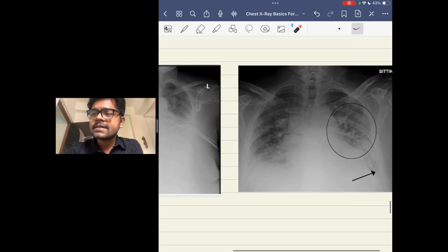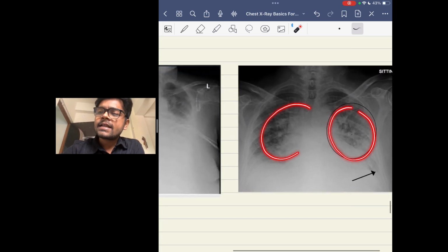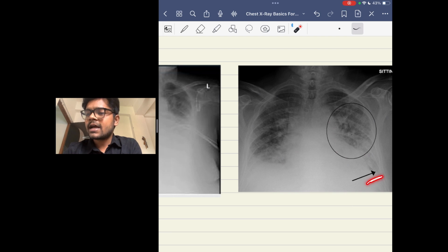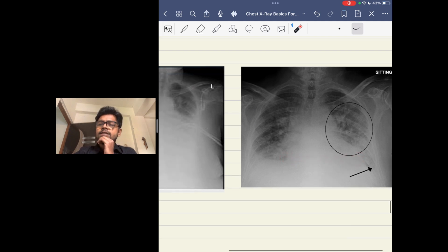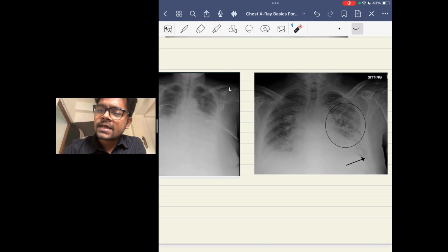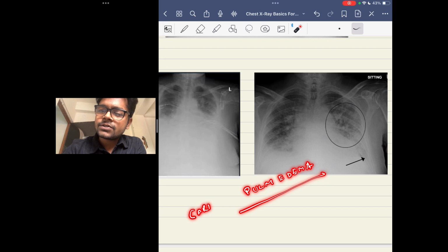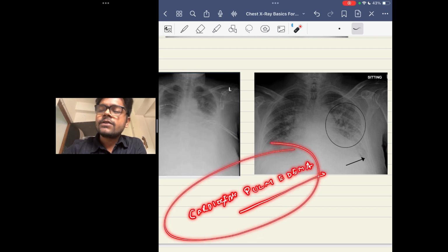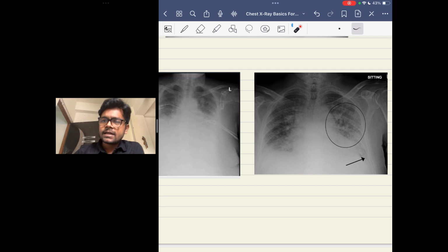This is another X-ray. Typically at the hilar region you have congestion, you have the pleural fluid, bilateral pleural effusion, and the heart size is increased. Definitely these are all X-rays of pulmonary edema, and you add a word in front of it, cardiogenic pulmonary edema, right? You will definitely be asked regarding the treatment and everything.